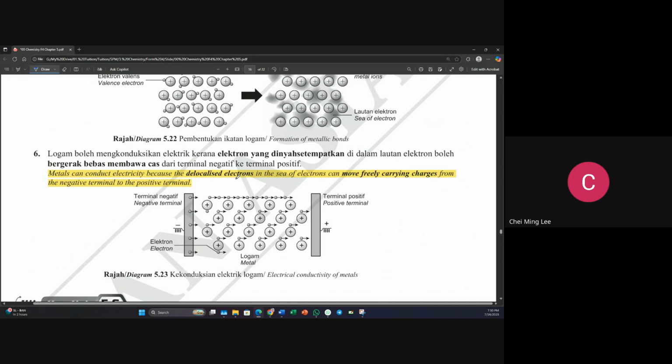Looks weird, right? Because at first, all the calculations are based on positive to negative, even for the movement of electrons.